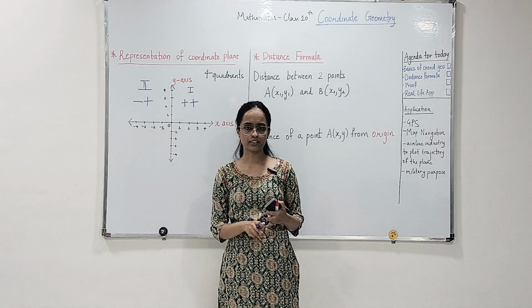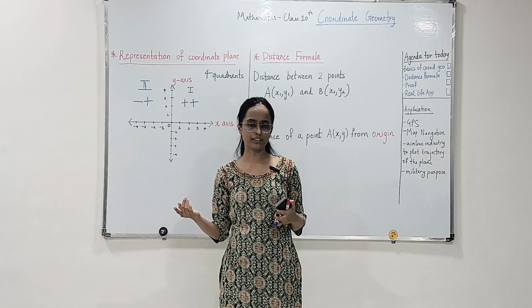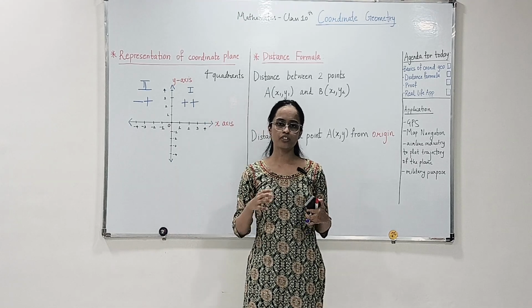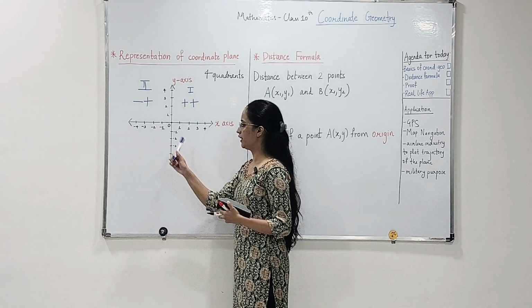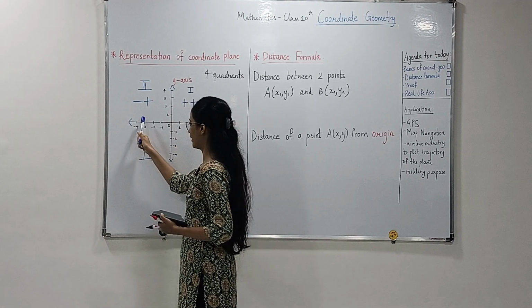So if somebody asks you that x is equal to -2 and y is equal to +3, where exactly does this point lie? It lies in the second quadrant.